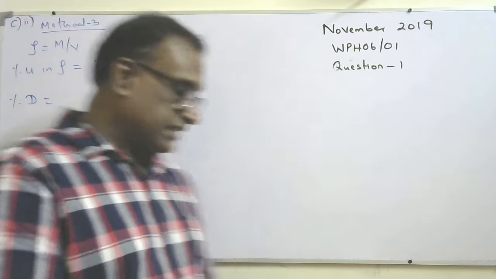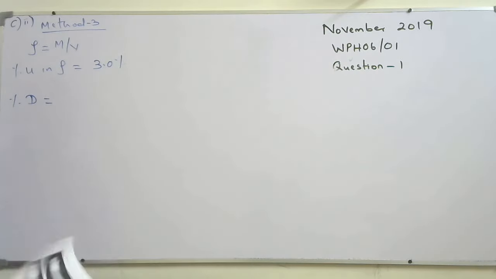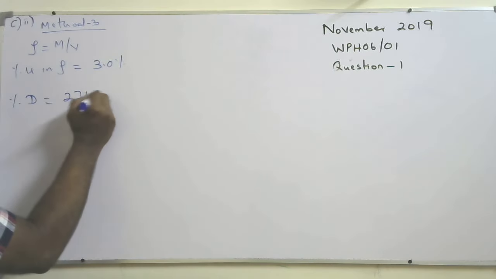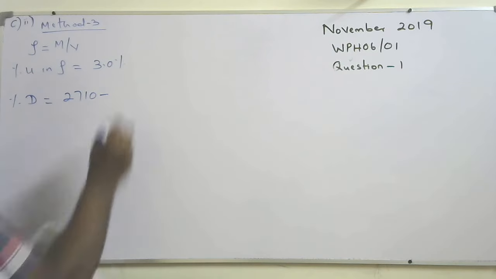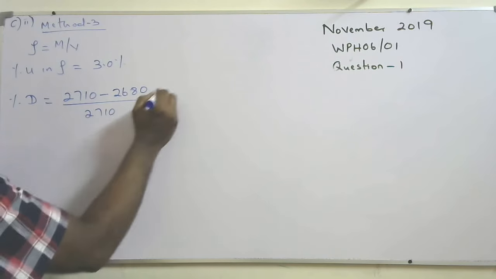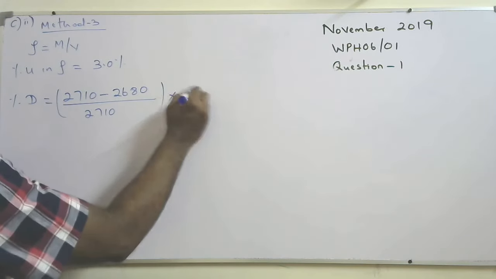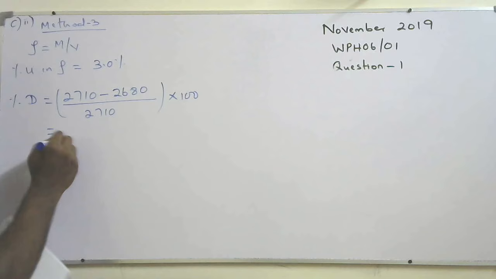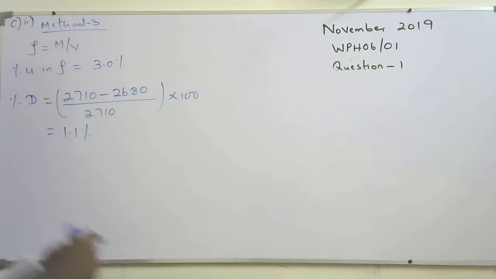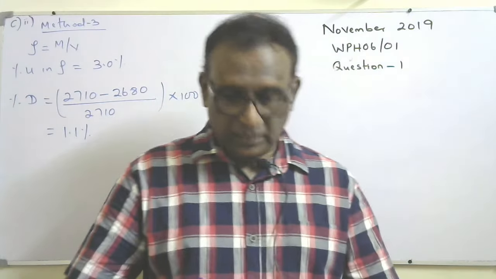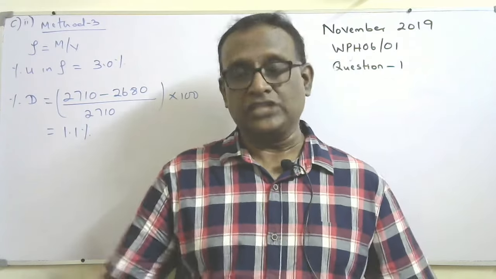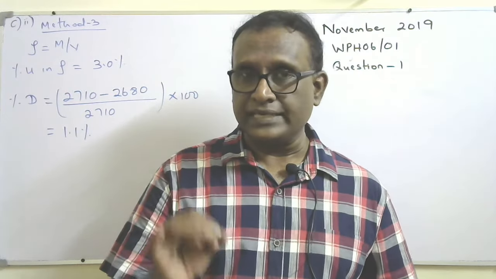The density of aluminium is given as 2710. Our experimental value we found is 2680. So the difference over 2710 into 100% gives 1.1 percent. Percentage uncertainty is 3, percentage difference is 1. In any experiment, if we want to accept a value as acceptable, then the percentage difference must be less than the percentage uncertainty.